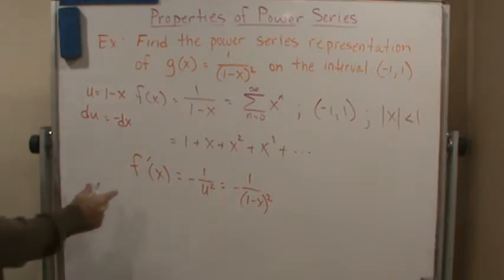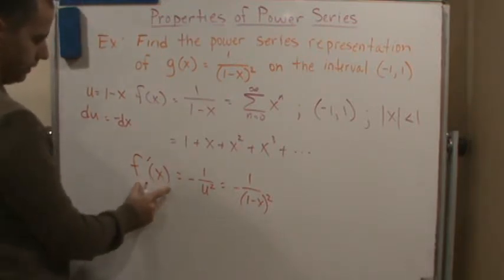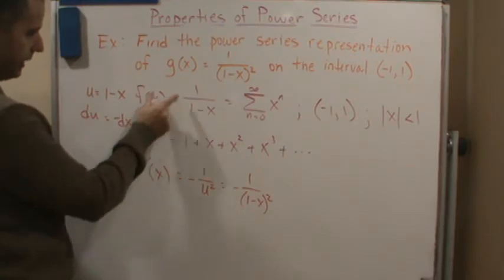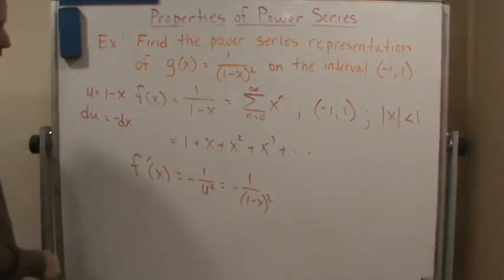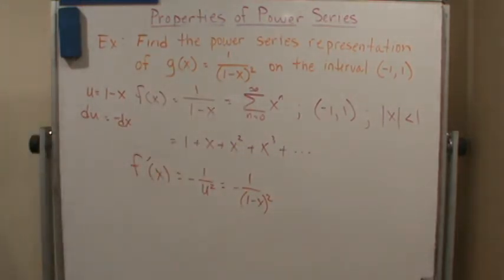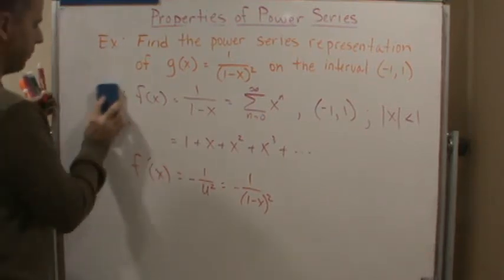And so you can see that the derivative of f of x is going to look very much like g of x. Okay? So again, I just want to see that you can get to the derivative from the function, but how do we get to the power series representation for the new function? Okay, so let's start with that.